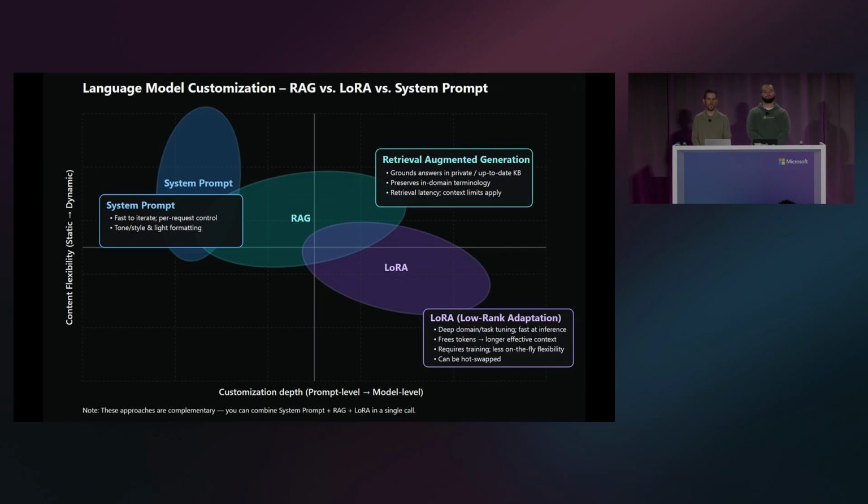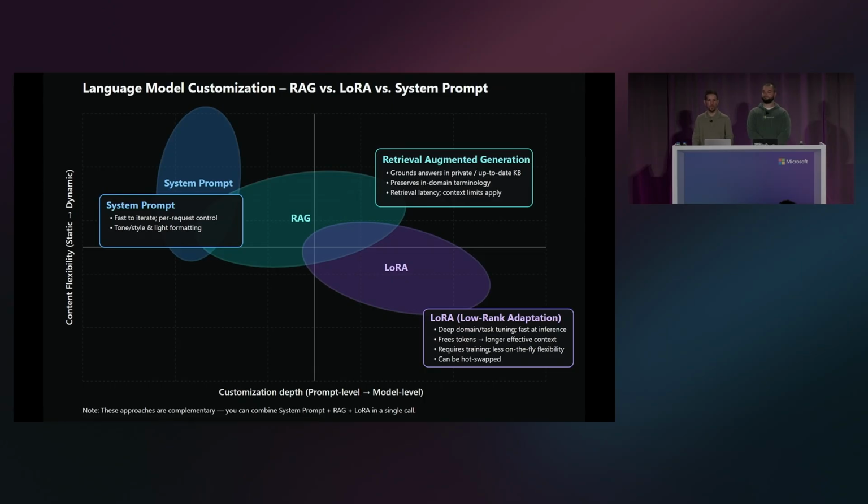RAG offers medium customization with dynamic content retrieval at runtime. It's good for grounding in large or up-to-date knowledge bases and gives domain adaptation without retraining. It is slower due to the retrieval step, though, and similar to system prompt, it also consumes the context tokens and slows things down.